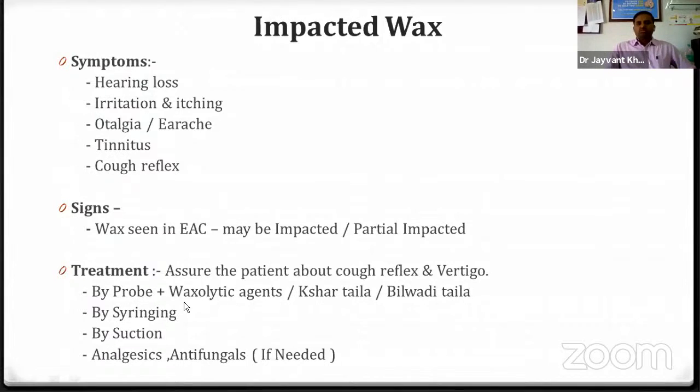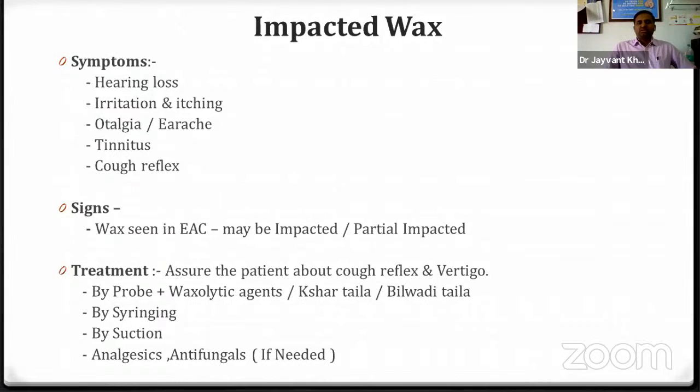By probe: if wax is hard, then you can use the waxolytic agents, Kshar tel in Ayurveda or Bilwadi tel in Ayurveda for Karnapuran. Then after 3 days, after softening the wax, you can remove it by probe.